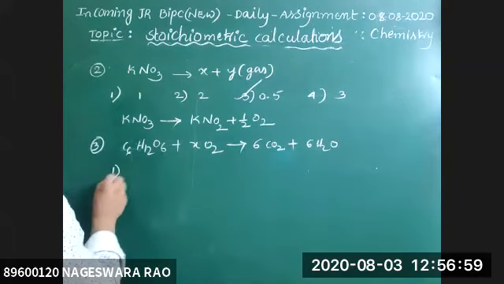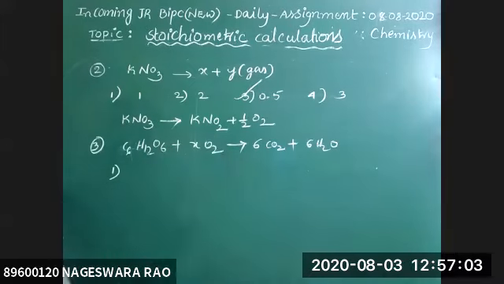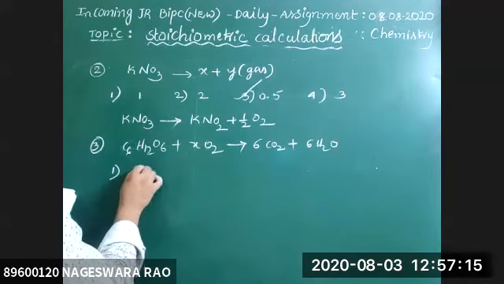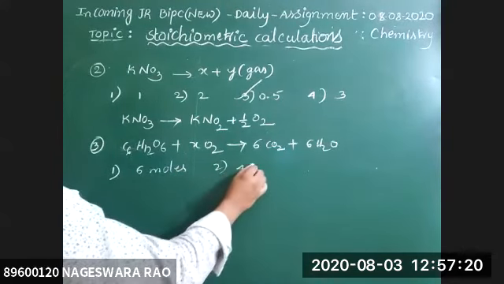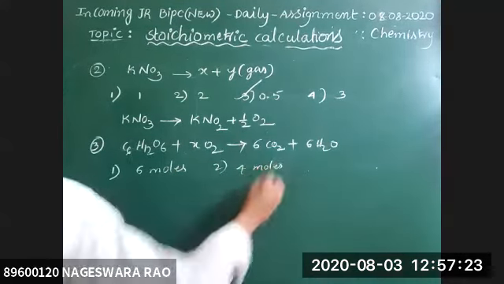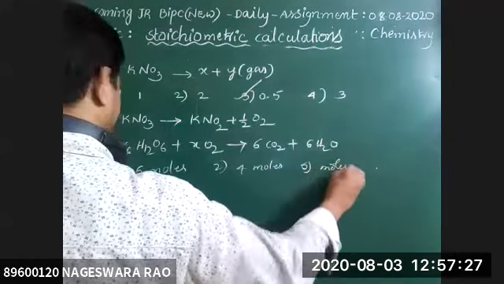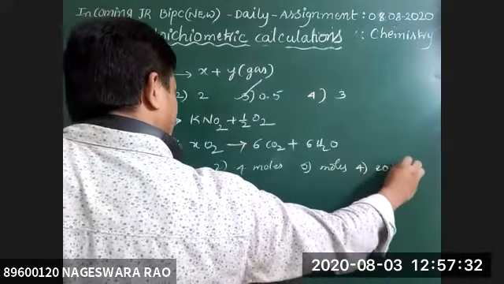Options: 6 moles, 4 moles, 8 moles, 20 moles.